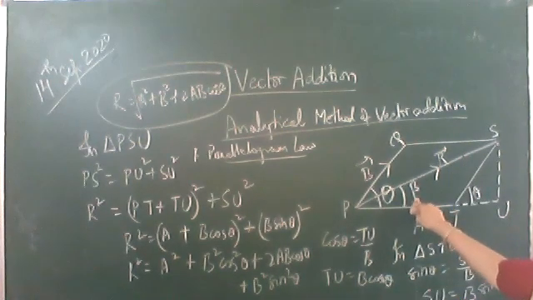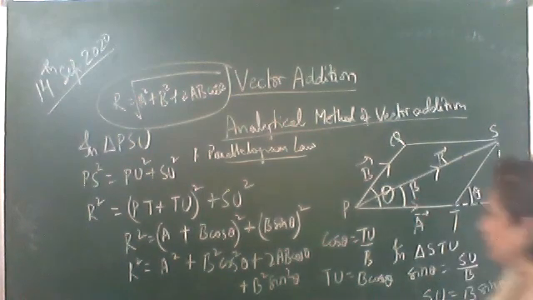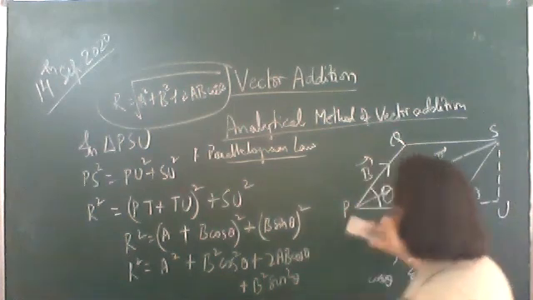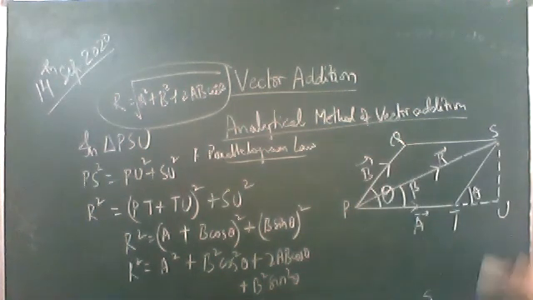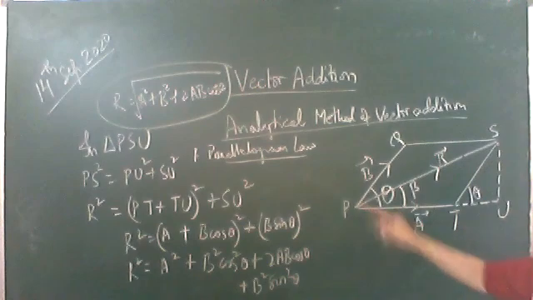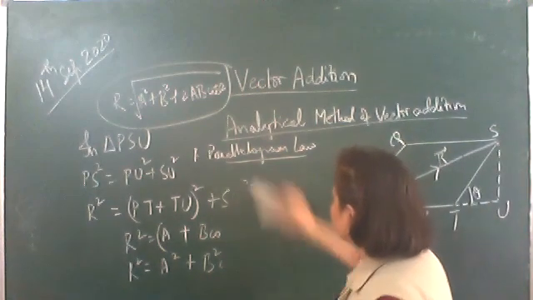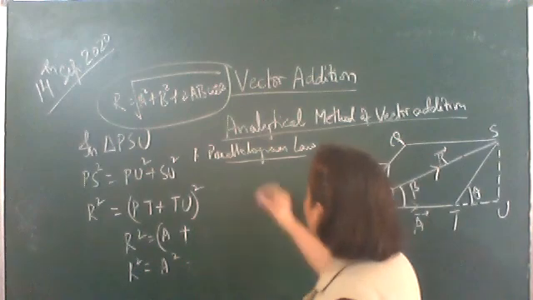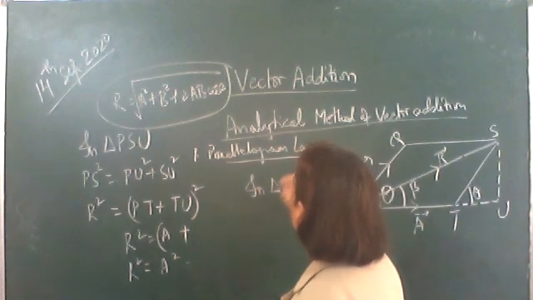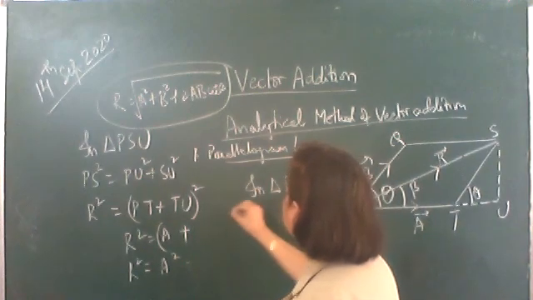So it means we have to find out beta, and whenever direction is asked, we have to find out tan beta. Okay, in terms of tan. Okay, now let's find out tan beta. From which triangle? PSU. PSU is a right angle triangle. So from the triangle PSU, find out tan beta.